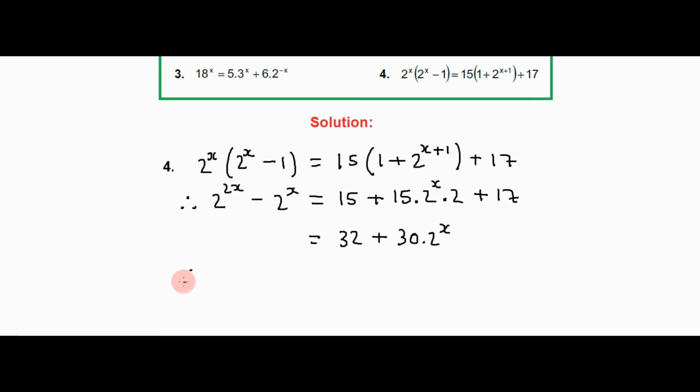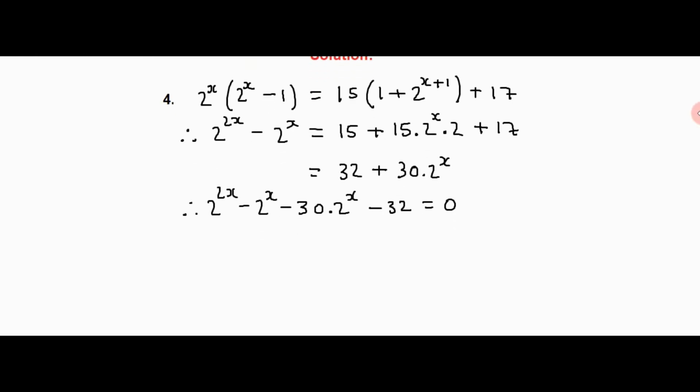Now we can bring everything to the left hand side. Then adding like terms, we have 2 to the 2x minus 2 to the x minus 30 times 2 to the x is minus 31 times 2 to the x. So now we have a trinomial, and we can use k substitution.